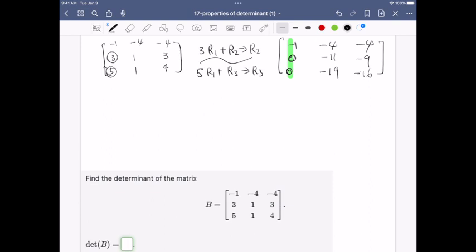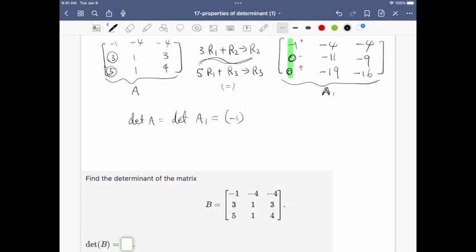We put signs here, plus, minus, plus. Indeed, I don't care about 0 entries. I'm concentrating on this A1, but actually the replacement does not change the value of the determinant. This determinant is the same as this determinant. So the determinant of A is the same as the determinant of A1, and I'm going to choose the first column.